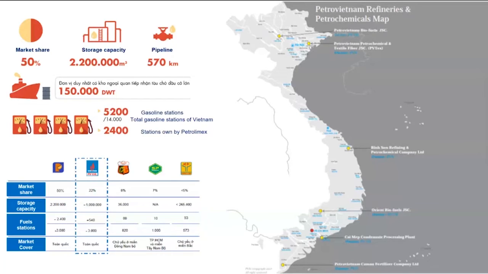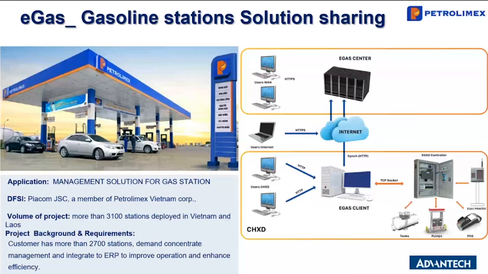Okay, here is one of the solutions we have been developing for the Vietnam market. The application is the management solution for gasoline stations, and our partner, our SI, is PLCom.